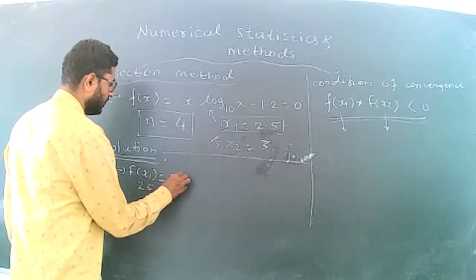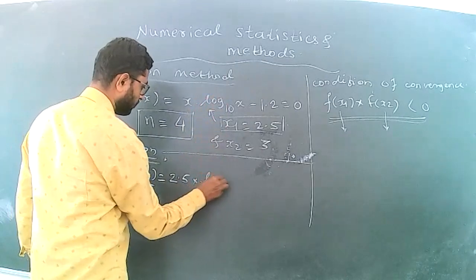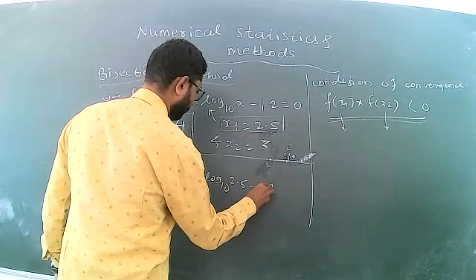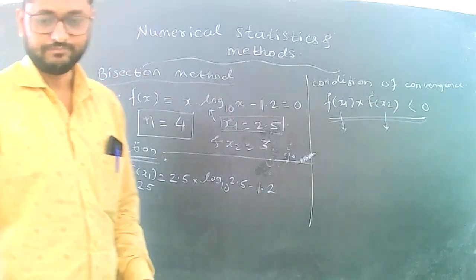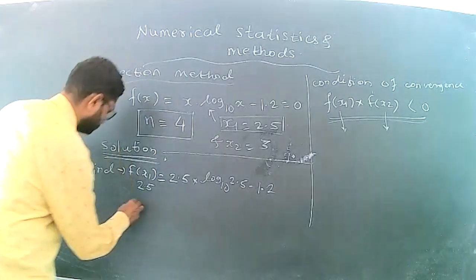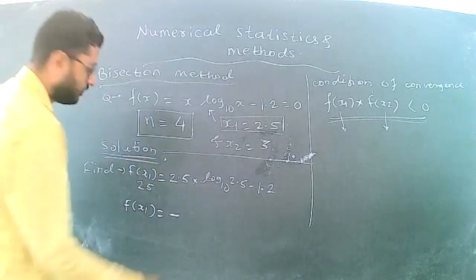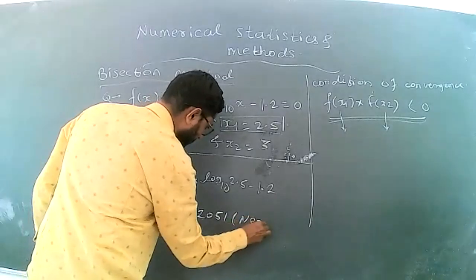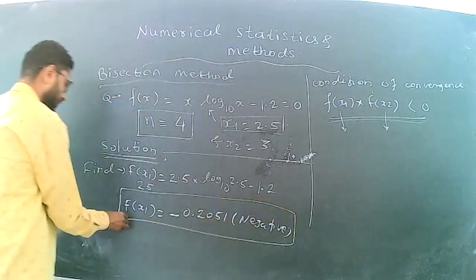So f of x1 is equal to 2.5 into log of 2.5 minus 1.2. By calculation, f of x1 is minus 0.2051, that is negative.